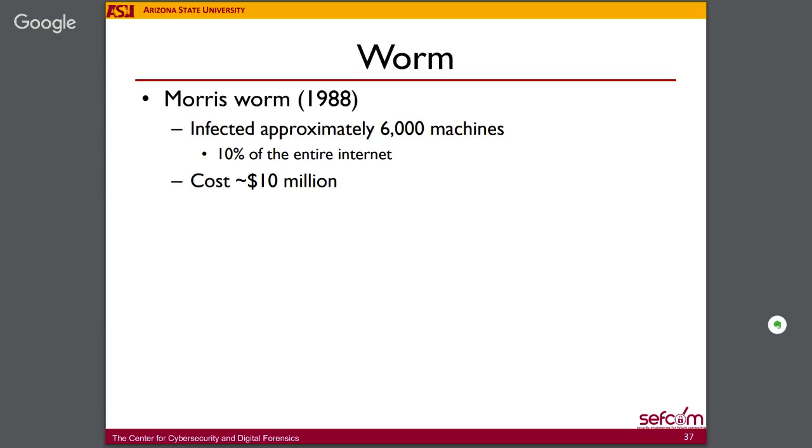He thought this was small enough to control the spread of the worm, but 1/7 is still a large number in the real world. So it went beyond control and infected about 10% of the entire internet at the time.